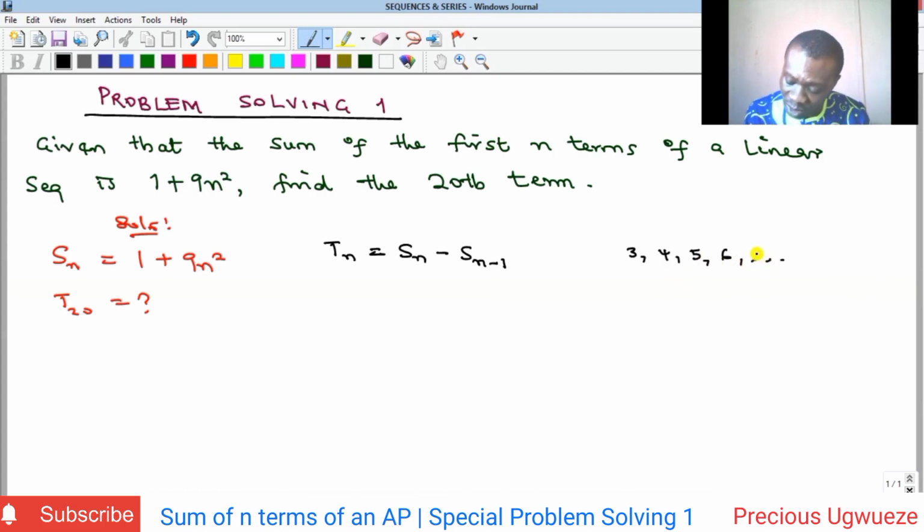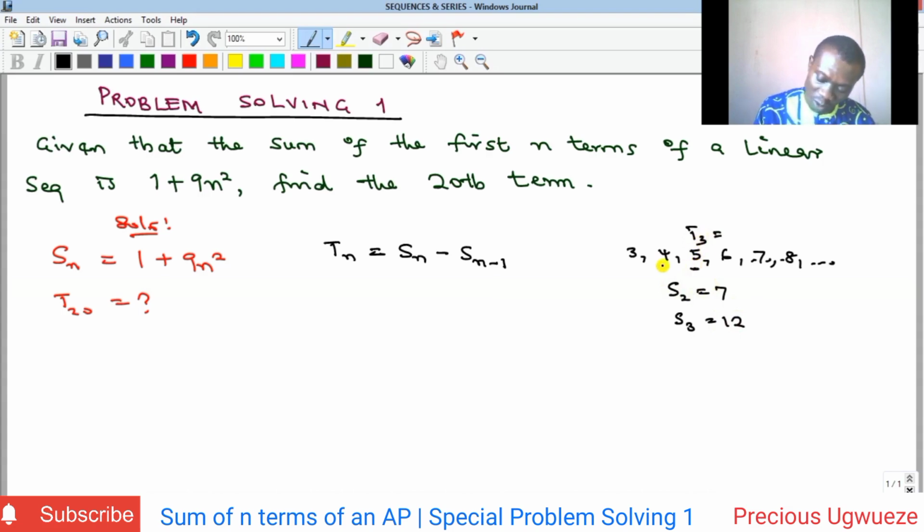Assuming I increase this to 7, 8, 9, if we get the sum of the first two terms here, you're going to have 7. That means S2 is equal to 7. But S3 is going to be 7 plus 5, which is 12. So the only difference between this is just the additional third term. So since this is T3, you will see that T3 is just equal to the sum of the first 3, which is S3, minus the sum of the first 2, which is S2. And so that's where we got this. This is the formula we're going to apply to solve this.